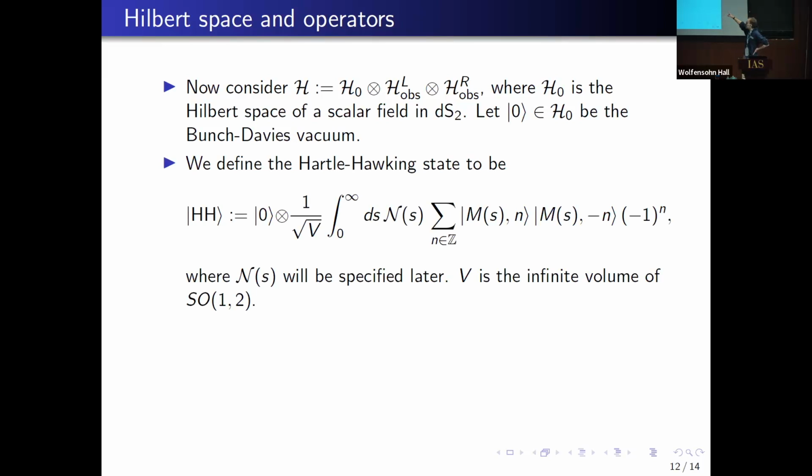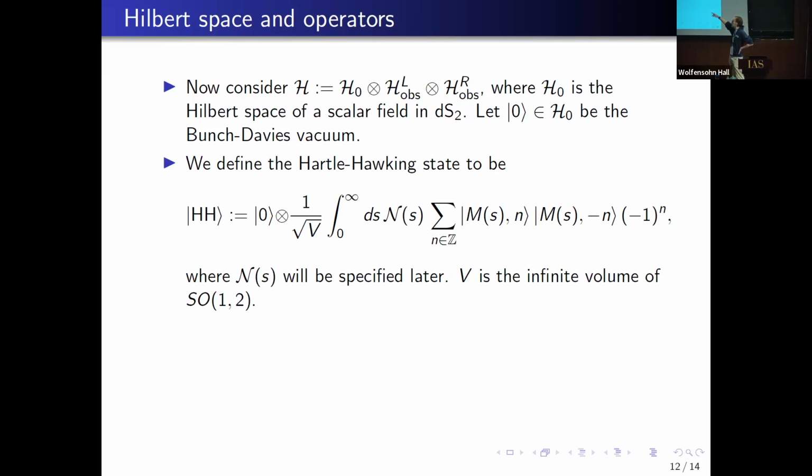If you focus on the sum over here, it looks like the same invariant state I mentioned earlier on in the talk. But now we're going to consider this invariant state for different values of the masses, and we can take a superposition of this for different masses. And this superposition is going to be represented by this integral over s here. And when we take the superposition, the relative coefficients between the different masses is not fixed.